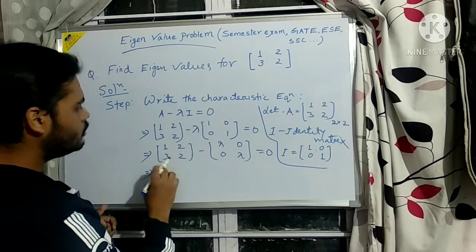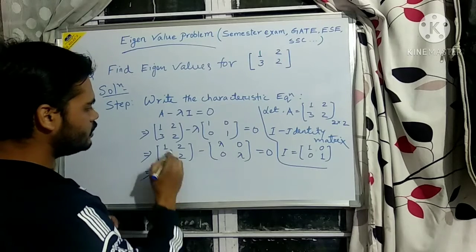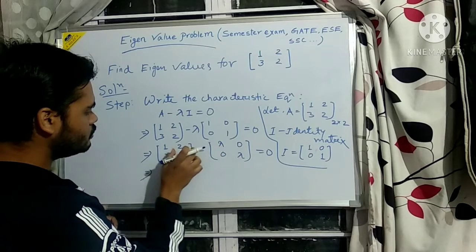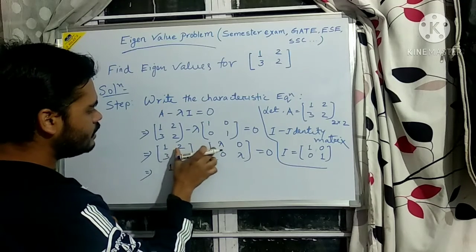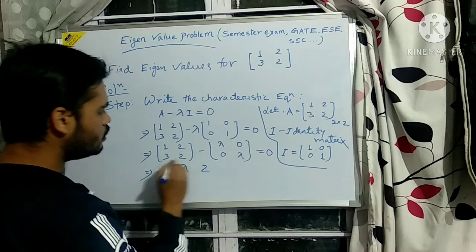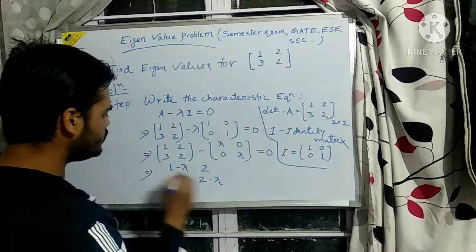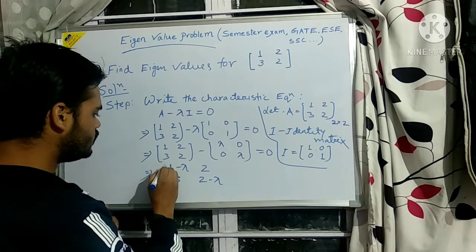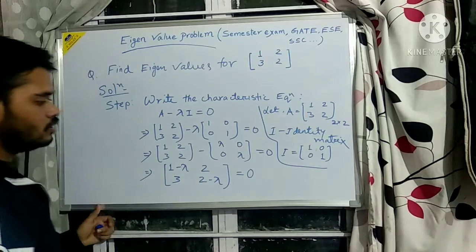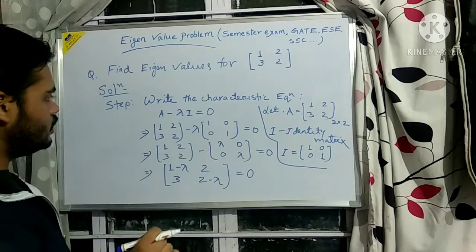If I do the subtraction here, 1 minus lambda, just subtract the corresponding terms: 1 minus lambda, 2 minus 0 is simply 2, 3 minus 0 is 3, and 2 minus lambda. This matrix is equal to 0. So this is the matrix form of the characteristic equation.